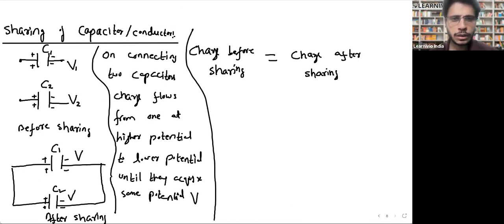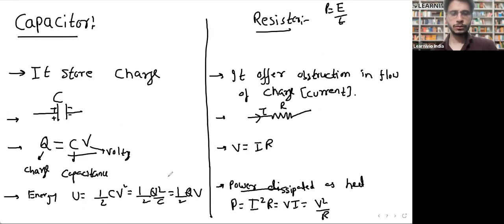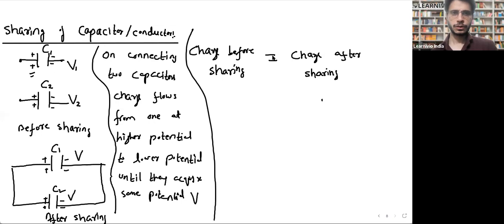Shehzada, what's the value of charge before sharing? What's the charge on this capacitor? Capacitance is C1 and voltage is V1, so the charge is C1V1. And the charge on this capacitor is C2V2.